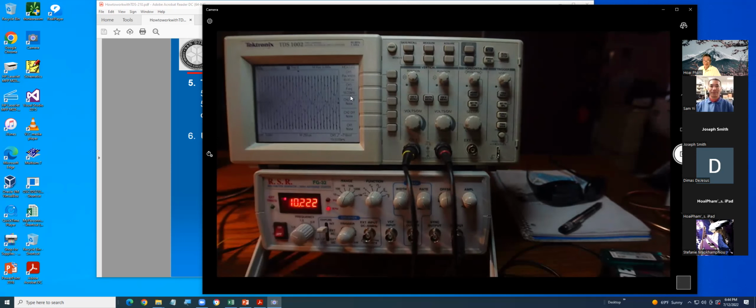See that? When you change from the 1 kilohertz, you cannot recognize it. So what I'm telling you, you must press auto set, then measure.